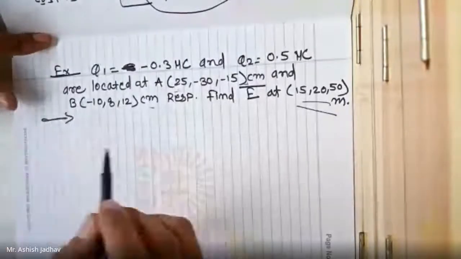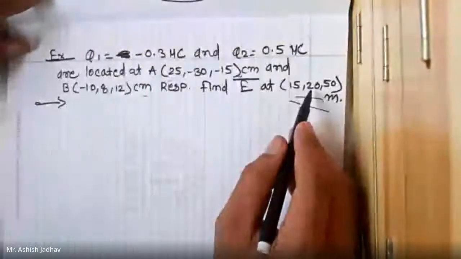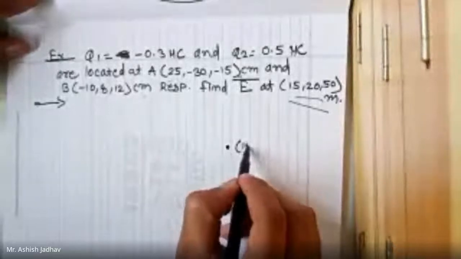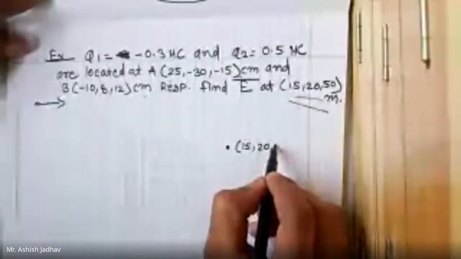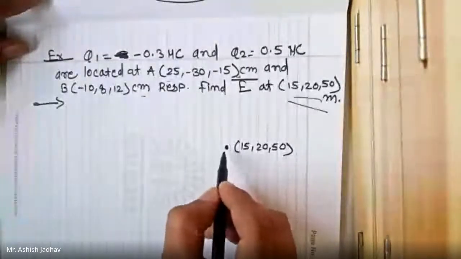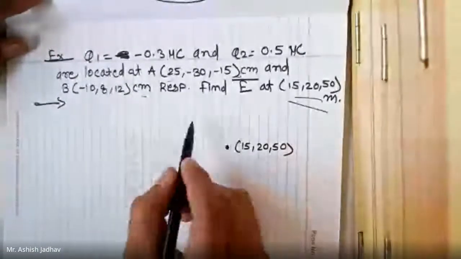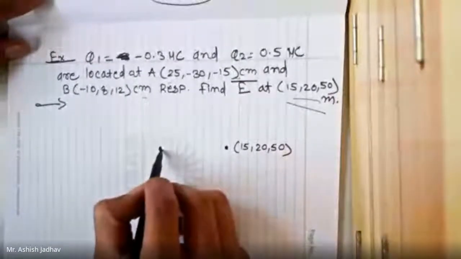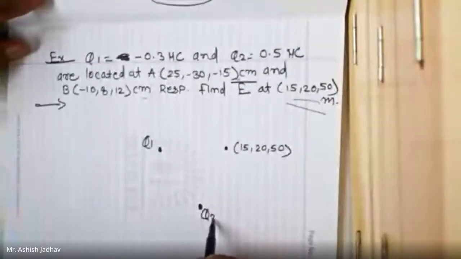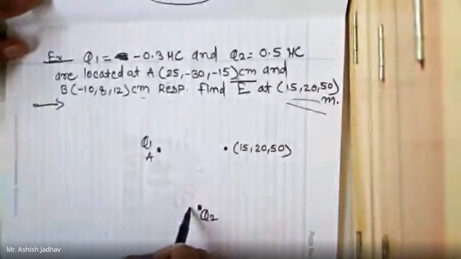Let me tell you how you can calculate. The point (15, 20, 50) is located here, and you have to find the electric field intensity at this point. This electric field intensity is produced because of the two point charges. Q1 is located here, Q2 is located here. Let's say this is point A, this is point B. Coordinates are given.